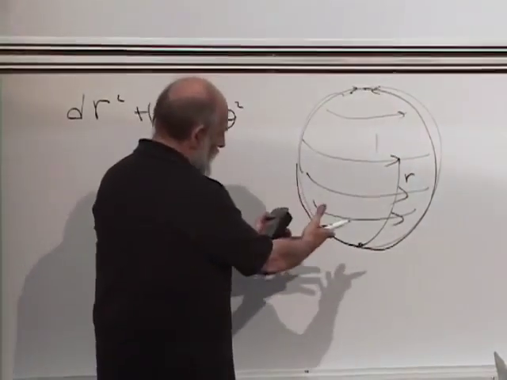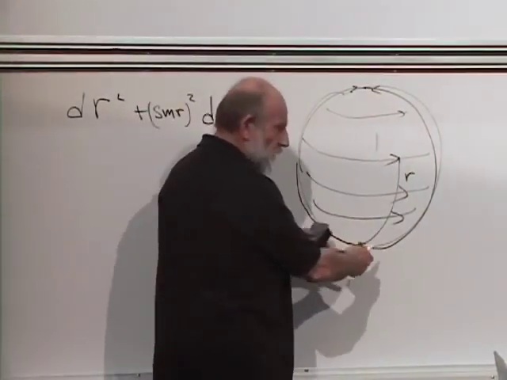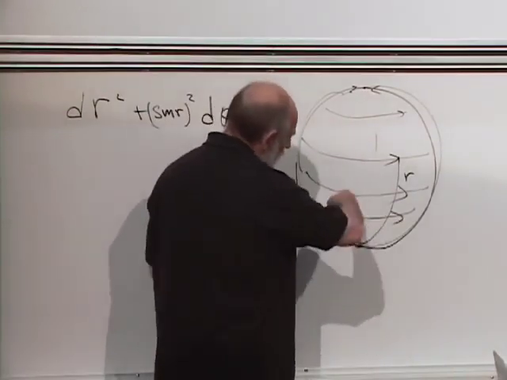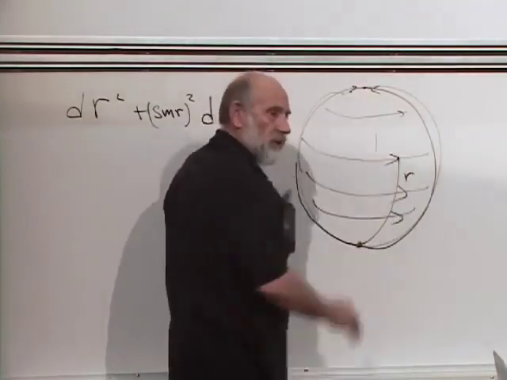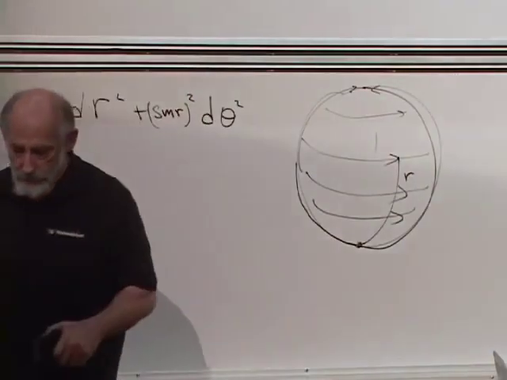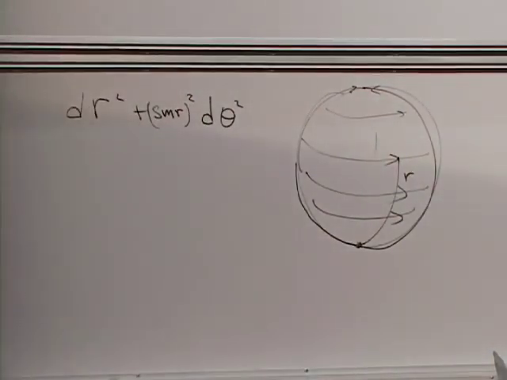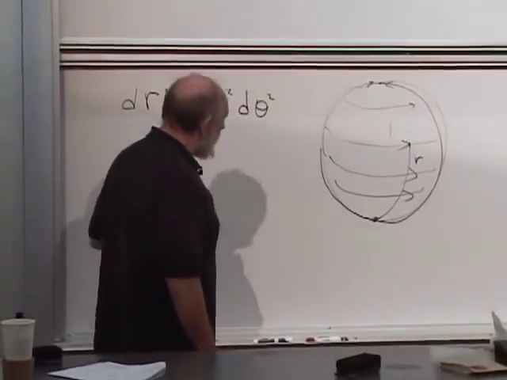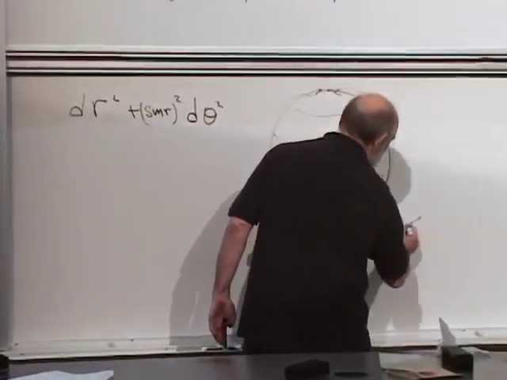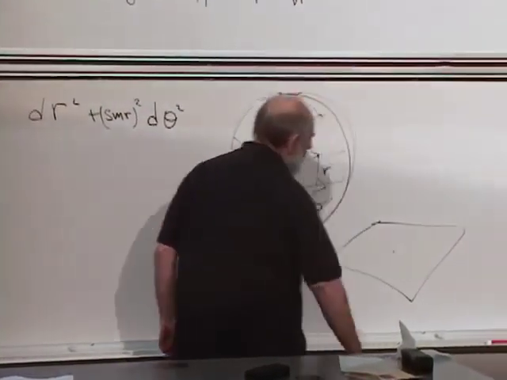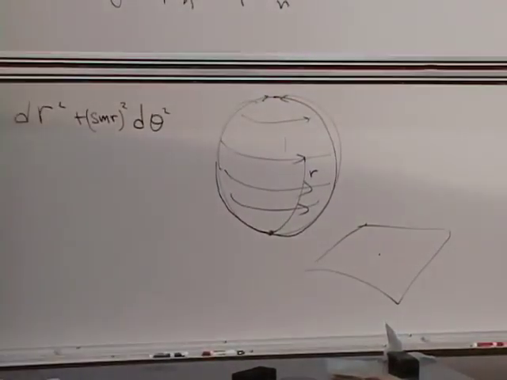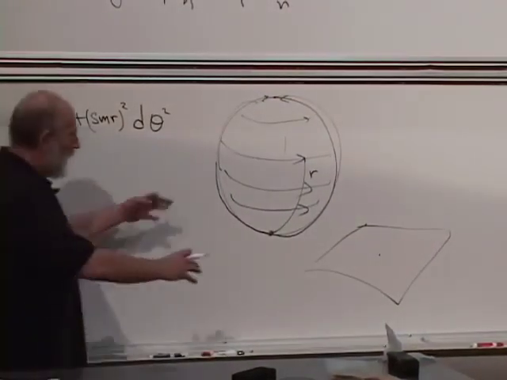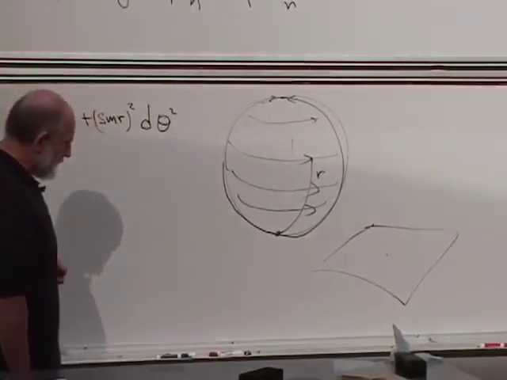It starts growing as you move away from the South Pole, but then shrinks again. That sphere, of course, is not a flat space-time. If I only had r squared here, it would be like looking at just a plane. With sine squared here, it's more complicated and it's curved.